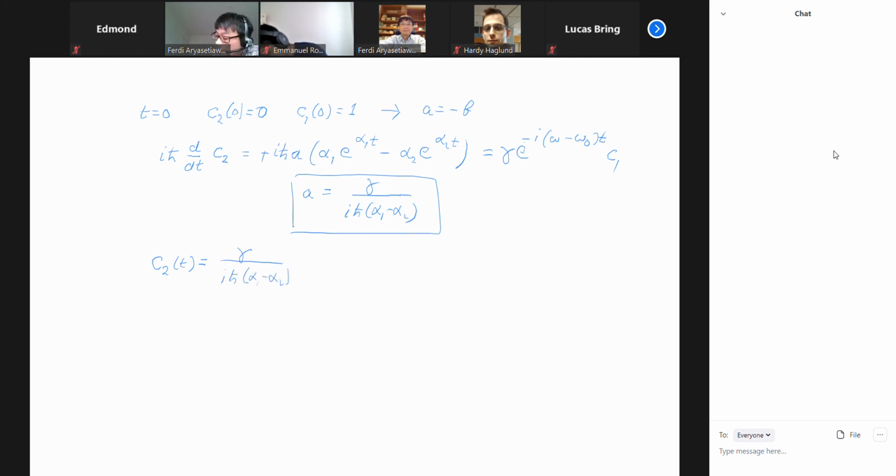So that's this coefficient here. And then we have e to the alpha 1 t minus e to the alpha 2 t, because B is equal to minus A. So you want to know the probability of finding the state in the second level, the excited state.